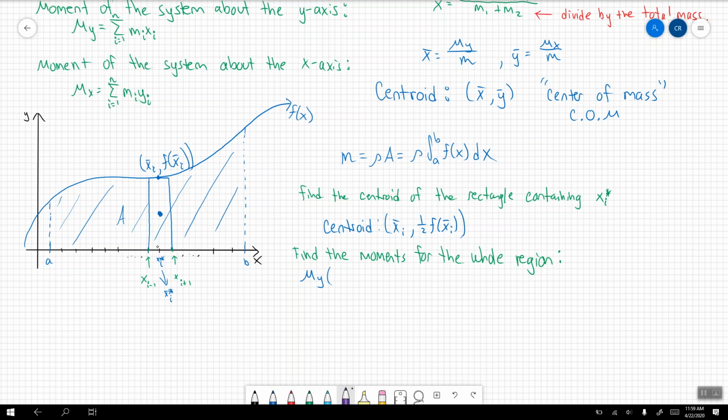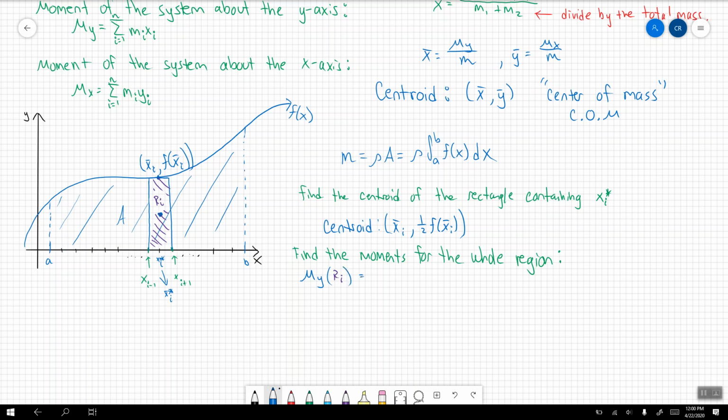I'm going to denote that in purple here. This region here, I'm just going to call R sub i. So I'm going to take all these moments.